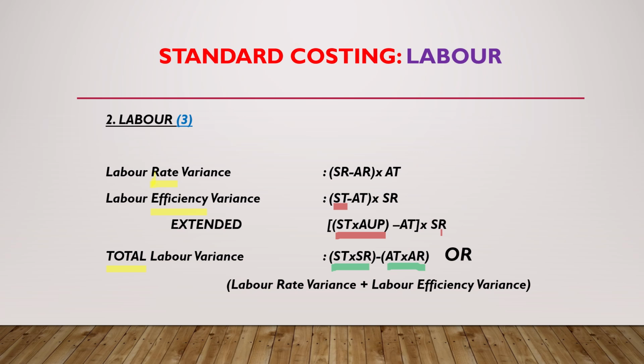You can use this one, depends on the question, what information you have. You can say labor rate variance, the answer that you calculated there, plus labor efficiency variance, the answer that you calculated there. These two. I hope that is clear.